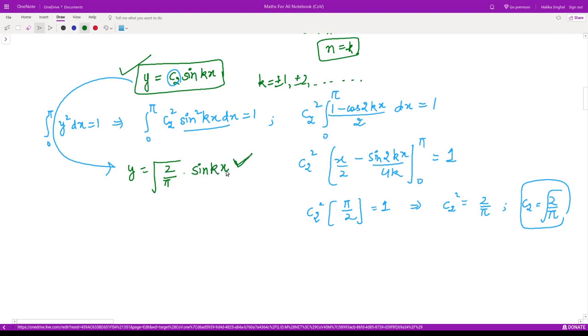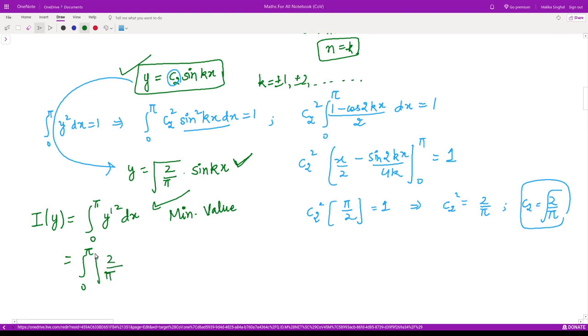Now let us see what is the minimum value of I, the given functional. So I of y is given to be integration from 0 to pi y dash square dx, right? We have to find its minimum value. So let me put this value of y over here. So I have integration from 0 to pi, right? What would be the derivative of this?